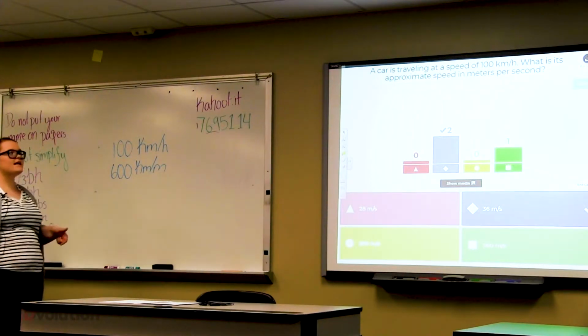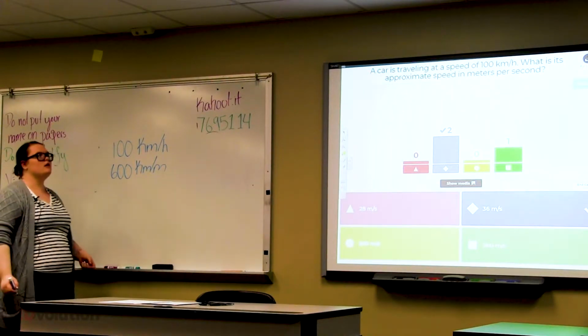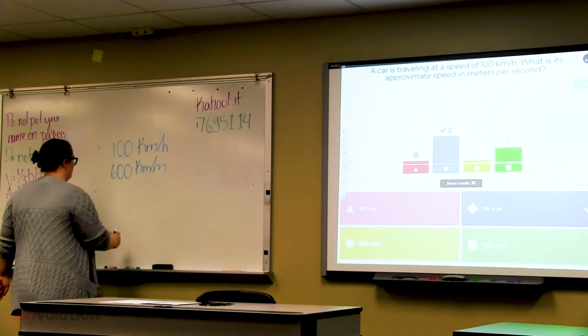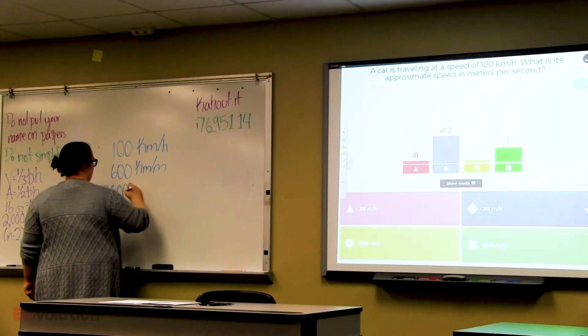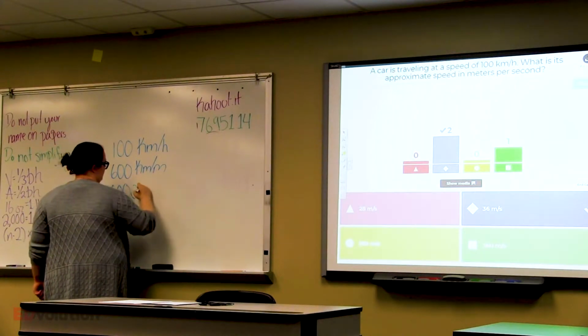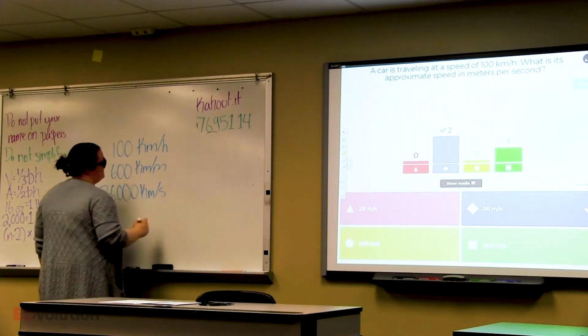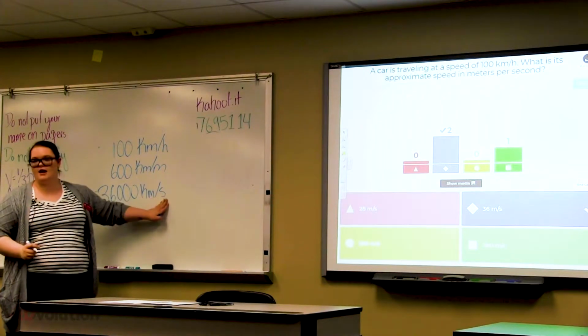There's 60 seconds in a minute. So if we multiply this by 60, then we'll get the kilometers per second. Then we know that we've taken care of our time.